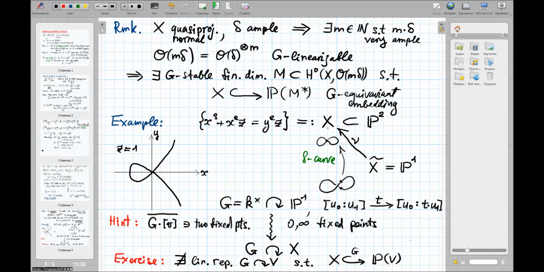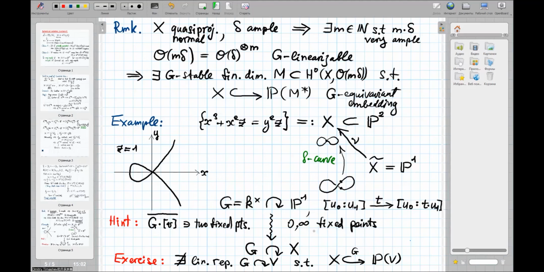This nodal curve is singular, and it cannot be embedded in the projectivization of a linear representation of G, compatibly with the action of G. So normality is essential.